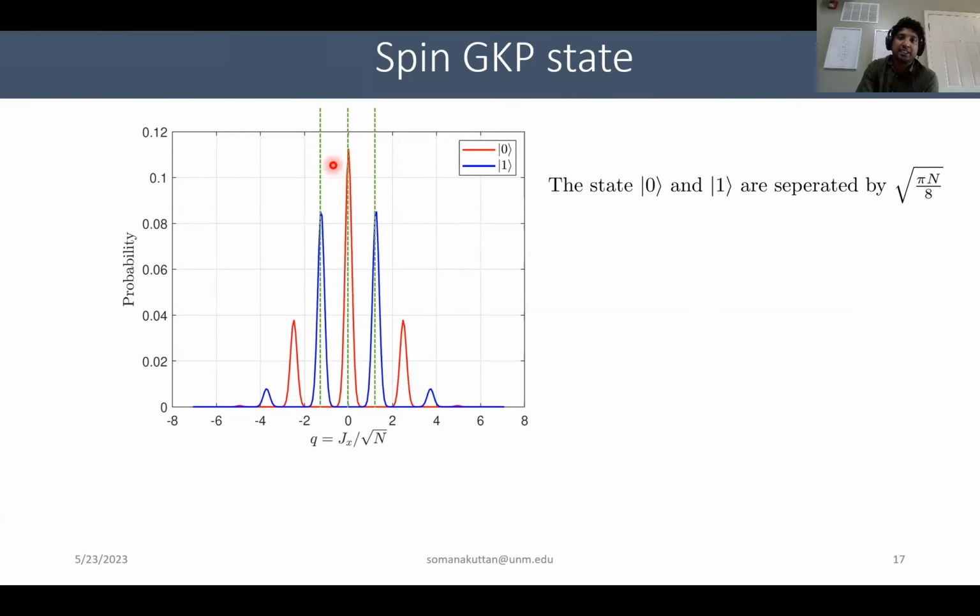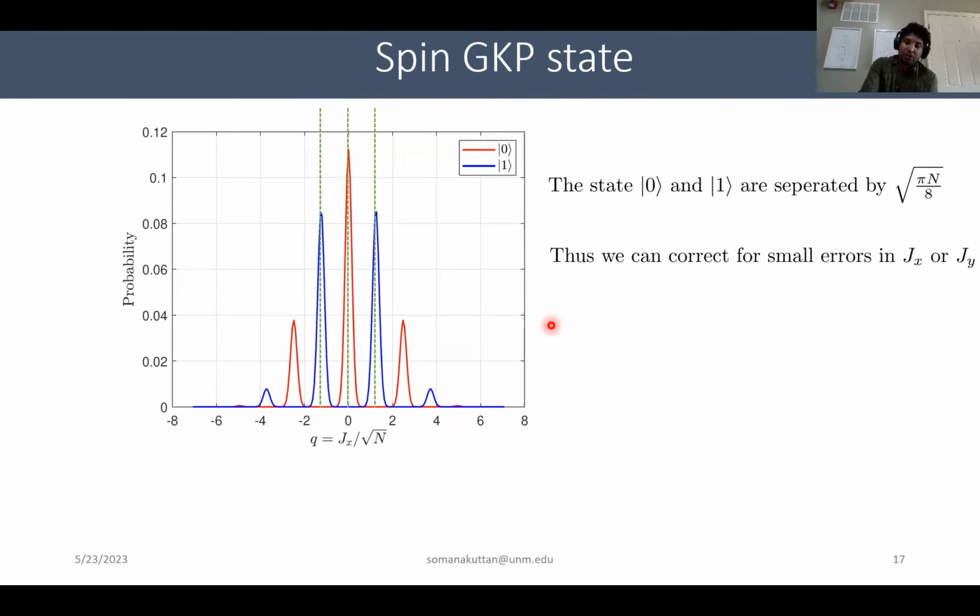You can actually detect this shift as long as it is small. That's basically the idea used in the GKP state, and we can also use that to advantage here. So for this collection of qubits, we can correct for these errors in Jx and Jy. So that's going to be the idea for error correction.